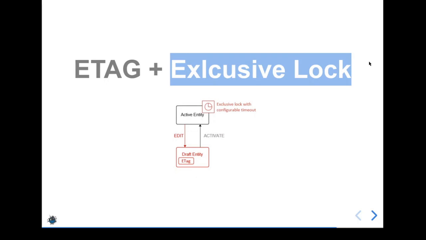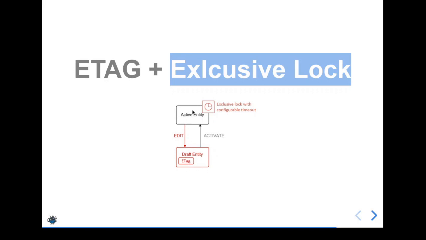Let's say we take the same Mara example. You are editing a material, so it creates a draft entry. Whatever changes you do will be saved in the draft table.